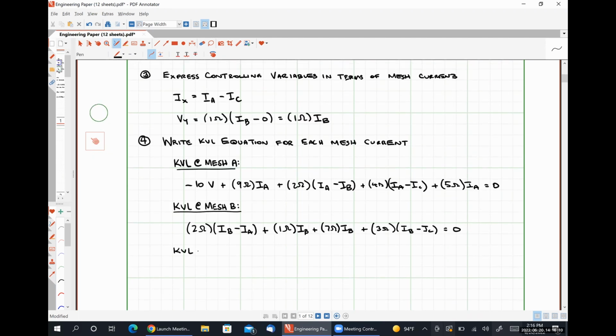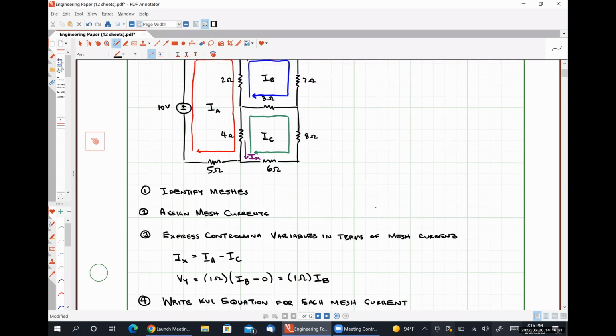So KVL around mesh C, starting from this bottom left-hand corner, we see the 4 ohm resistor first. We're following IC around, so it gets the positive sign. IA is in the opposite direction.